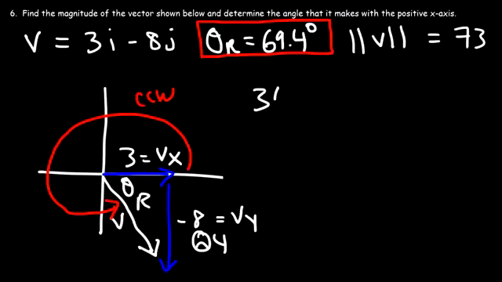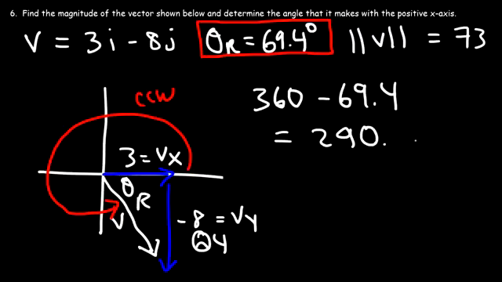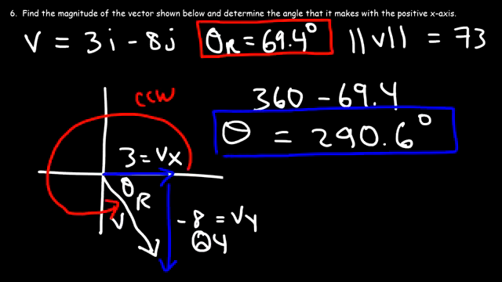So it's going to be 360 minus 69.4. And so the angle measured from the positive x-axis going in a counterclockwise direction is 290.6. This is the angle that we want. That's the standard angle. And so we have a magnitude of 73 and an angle of 290.6.